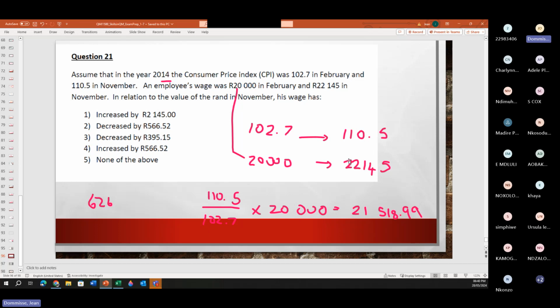So that value is actually more. If one just looks at the value of the rand from 20 to 22, so where is that one?